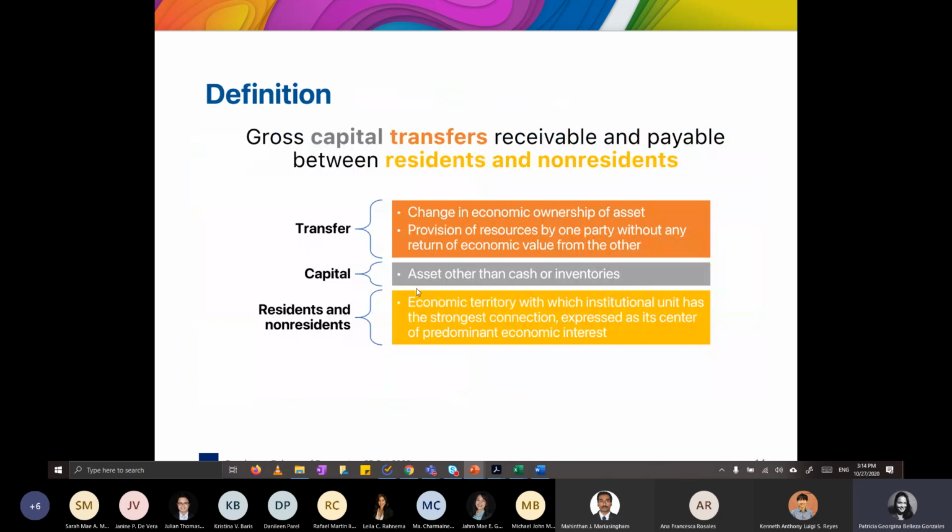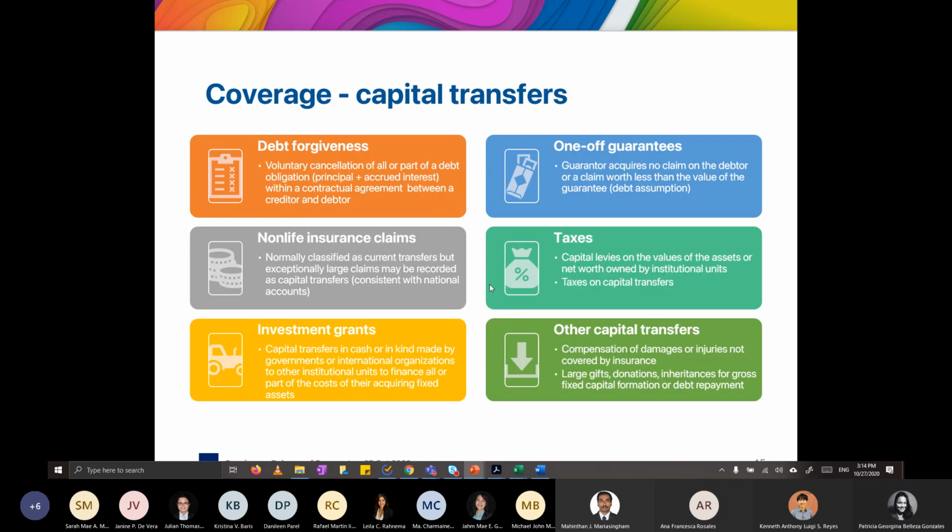And when we talk about capital here, it's just assets other than cash or inventories. I'll go into this later. This diverges from the national accounts definition of capital. And then residents and non-residents, again, is the same as before: it's where the predominant economic interest resides.